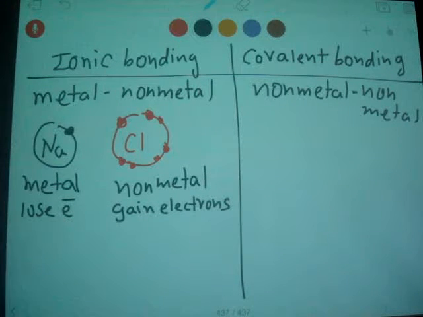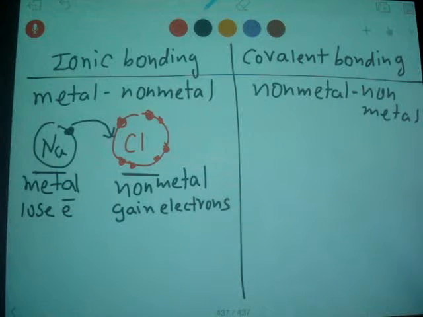So what happens when Na and Cl come close together? The metal donates its 1 electron to chlorine. By doing that, chlorine gains 1 more electron and achieves an octet.